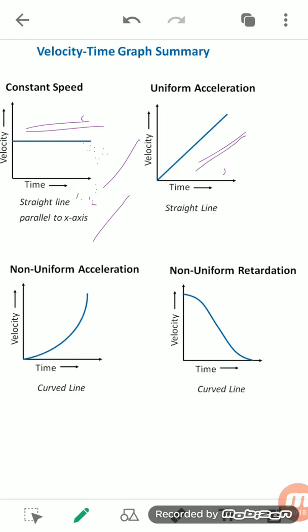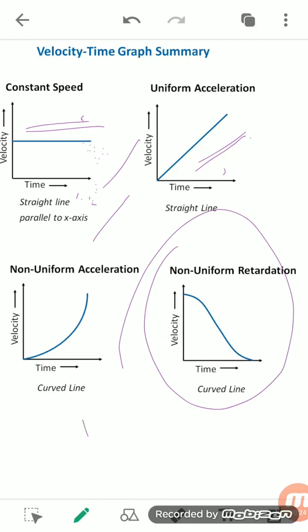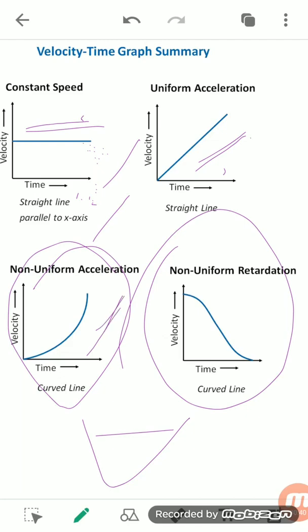If we talk about retardation, it is the same as acceleration, but here the slope is in a downward direction. In non-uniform acceleration, the rate of change of velocity occurs in an unequal amount in an equal interval of time. So this graph explains the non-uniform acceleration, and thus it is shown as a curved path.